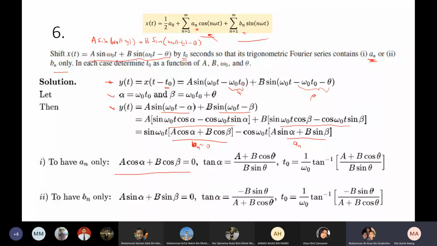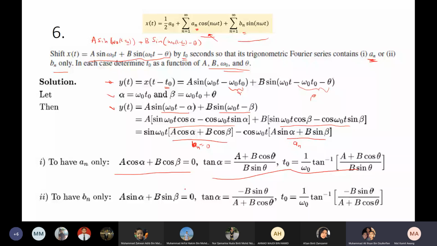So from here, you can write in terms of this, just using your trigonometry, so this term will be 0. Then from here you can find what is a.